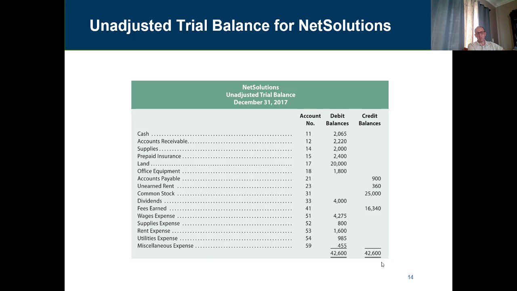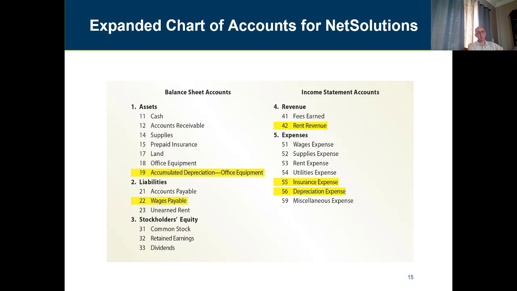And we usually have these two debit and credit balances matching. So in today's chapter, we're going to see some new accounts added to the chart of accounts. And these accounts include accumulated depreciation for office equipment. We have wages payable, rent revenue, insurance expense, depreciation expense. These are new names that we're going to see in today's chapter.